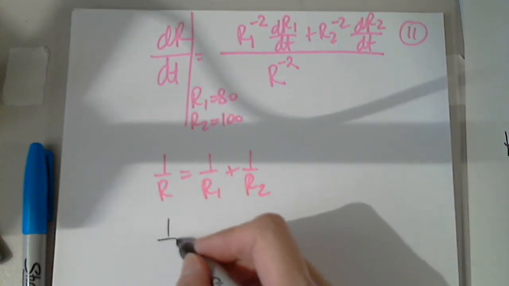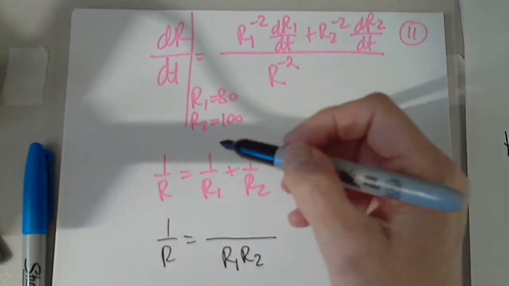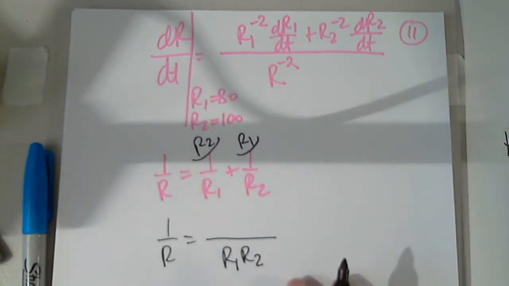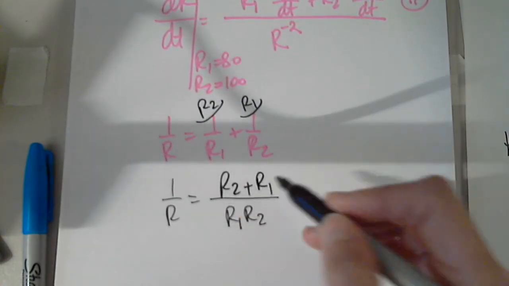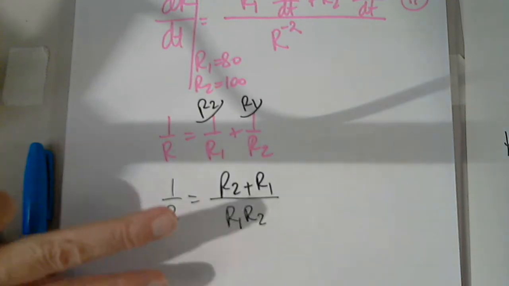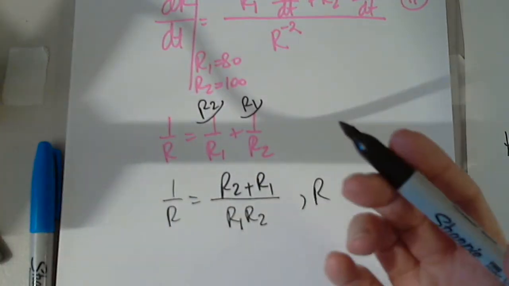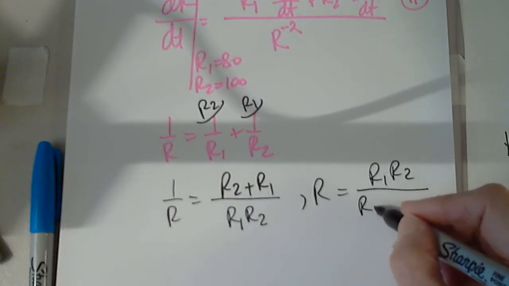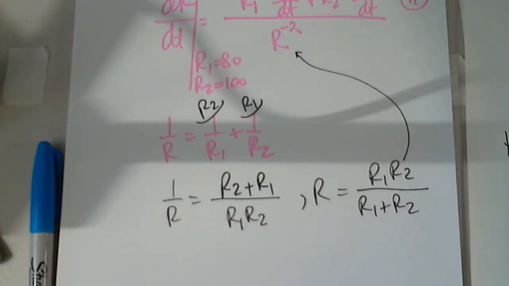Find the least common denominator, which is R1 R2. Multiply the top by R2, multiply the top by R1. So R2 plus R1. And now I will flip both sides, or cross multiply, but that's easier. R equals R1 R2 over R1 plus R2, and this will be raised to the negative 2.